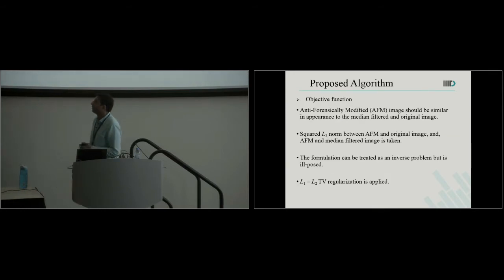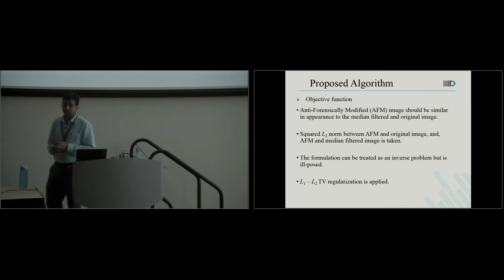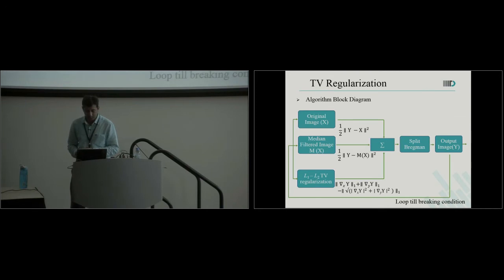Then the next one is about preserving the natural image statistics. Again, there have been different norms like L1 and other norms as well. We boil down to this L1 minus L2 total variation model. Okay, so here is the full formulation.